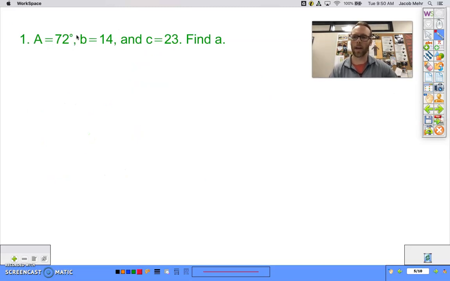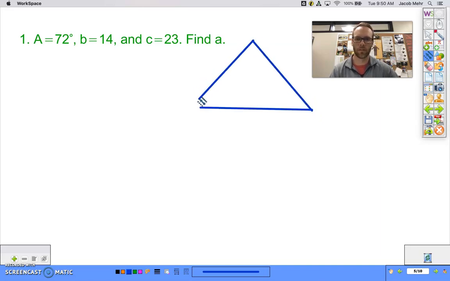All right, so angle A is 72 degrees. Side b is 14. Side c is 23. Let's find side a. Let me just draw a triangle here. Let's call this A, which is 72 degrees.